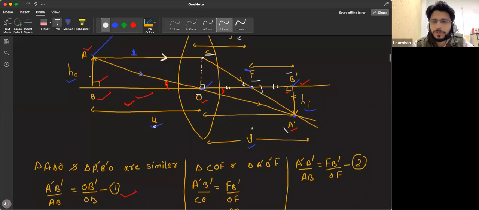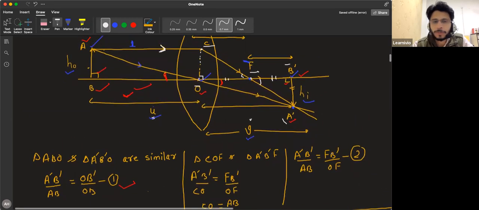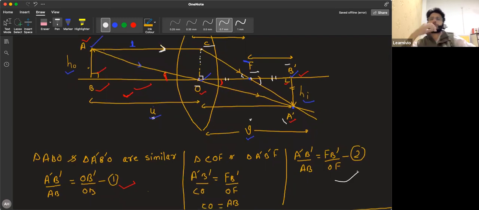Now there is one problem with this. First thing is CO is equal to AB, so I put CO equal to AB. So I get A prime B prime by AB is this. There is one problem with this equation. All sides should be measured from O. The starting point for measuring all distances should be the optical center.